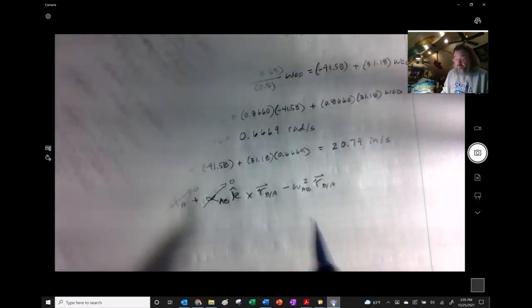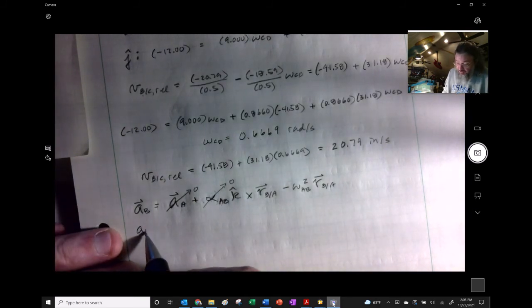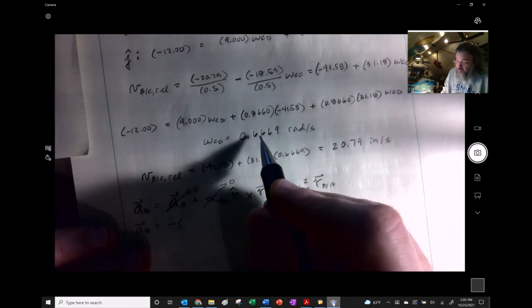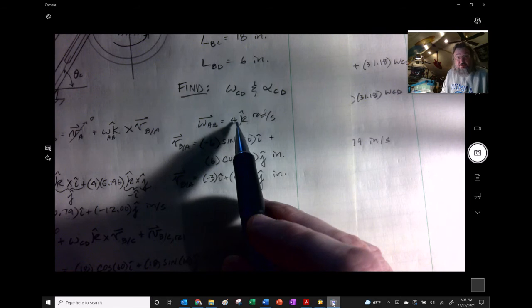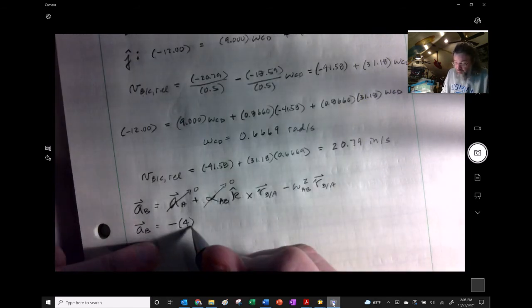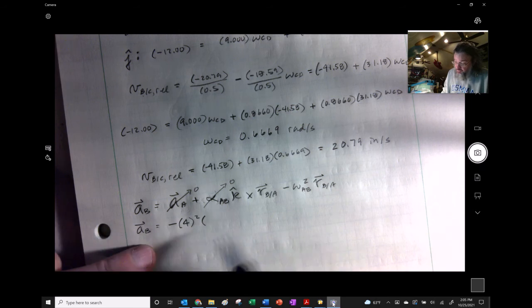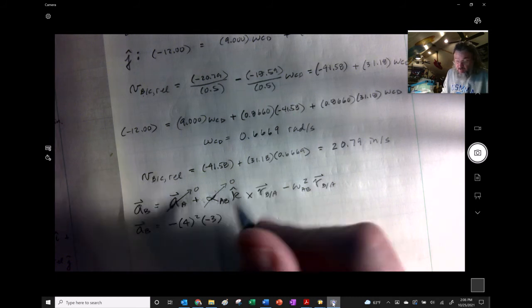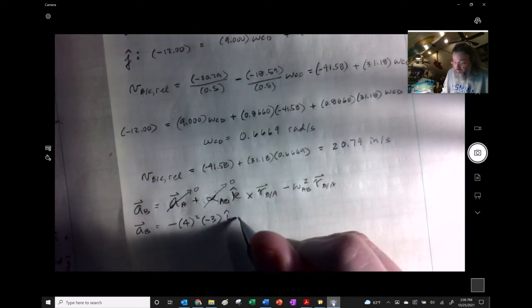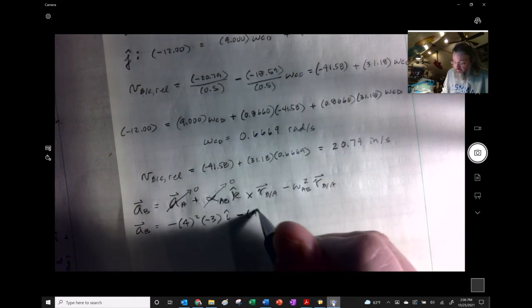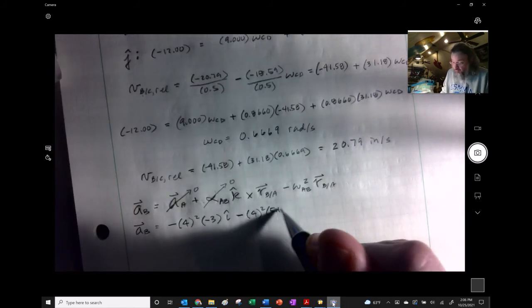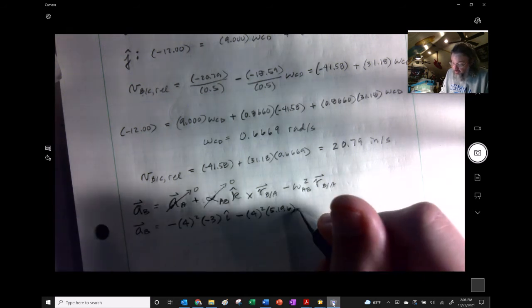So the acceleration of B is simply going to be negative 4 squared, because that's what omega is, times r of B with respect to A in the x, so that's a negative 3 i. And then I'm going to say minus, because that thing's still a minus right there, 4 squared times 5.196 j.